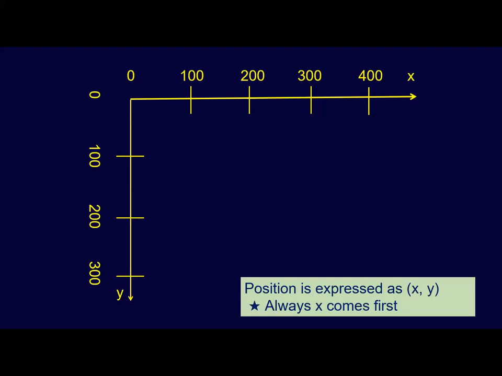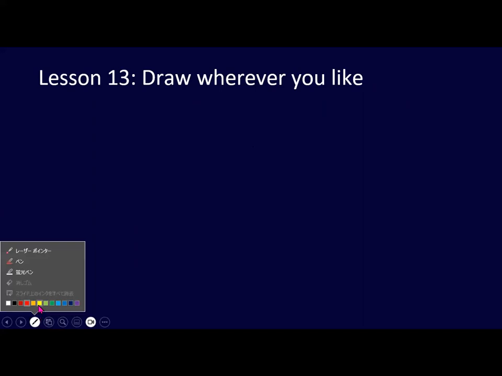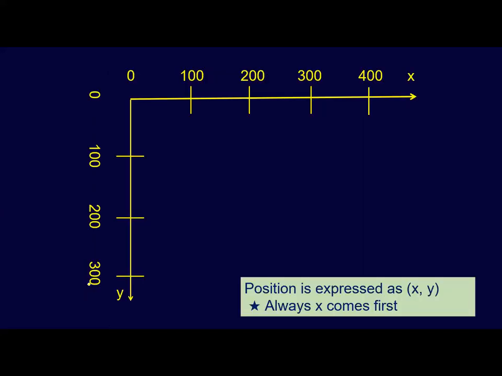For example, this position is expressed as 200 as x coordinate and 100 as y coordinate, right? Okay, so here, for example, what is this point's coordinate?